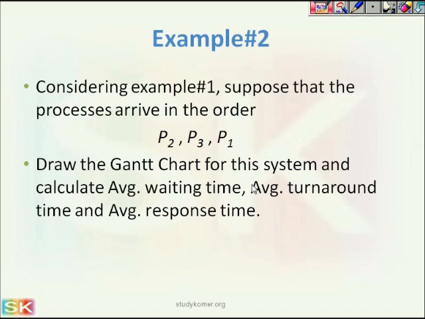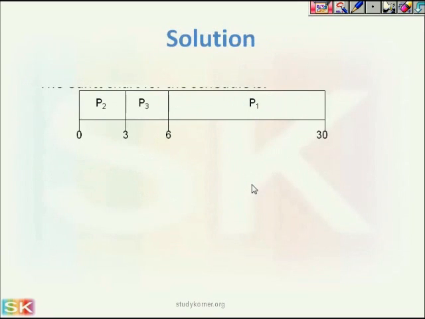So this time their order has been changed. Again, we have not given the arrival time values, so we are considering that they are arriving at almost time 0. Draw the Gantt chart for this system and calculate average waiting time, average turnaround time and average response time.